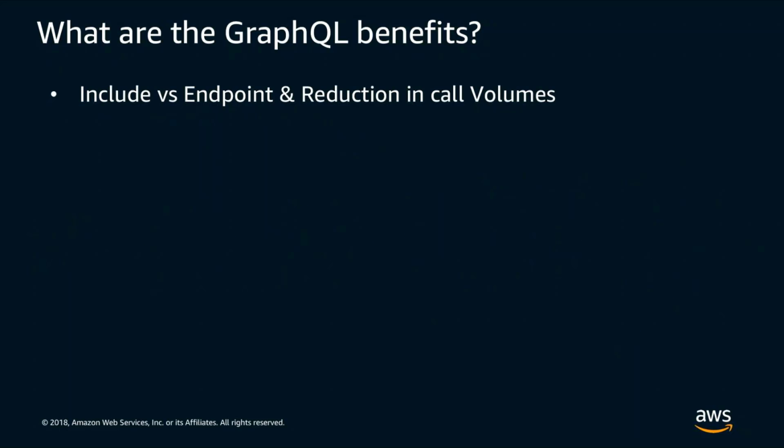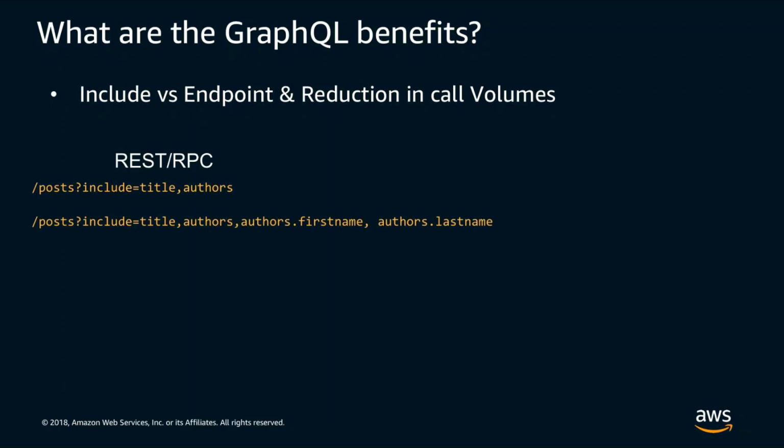Now, one important factor with using filters in the REST RPC world is that at some point it might get a lot more cumbersome. So if you're using include with title and authors, and you have nested fields, or you have a lot of nesting in your query, you might have to use dot notation and things like that to specify all the included parameters that you want to return from the REST API.